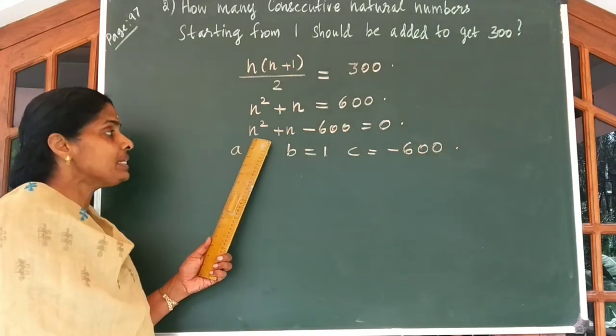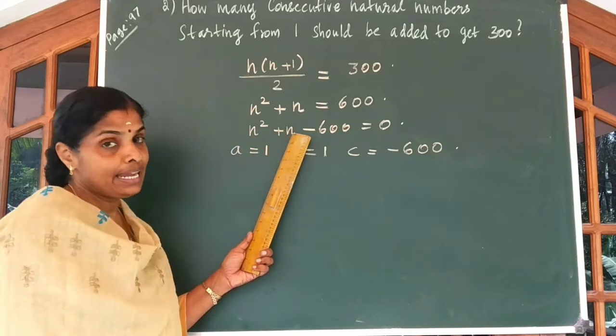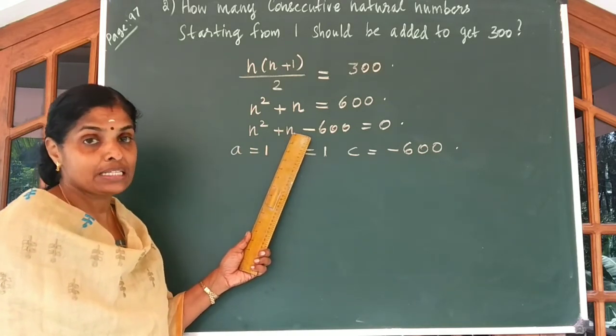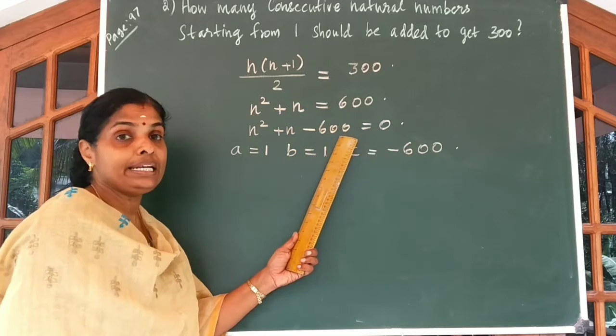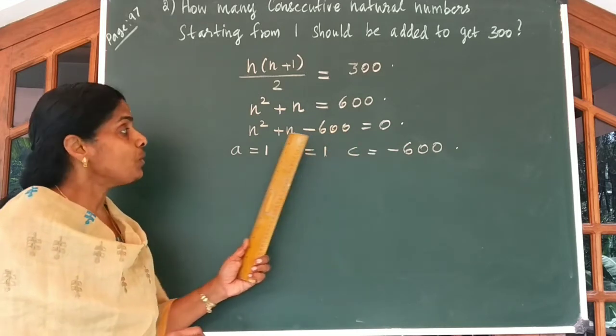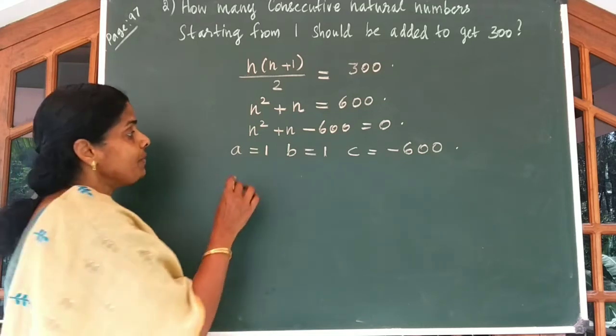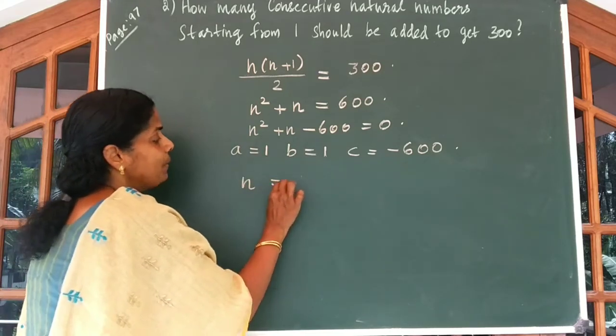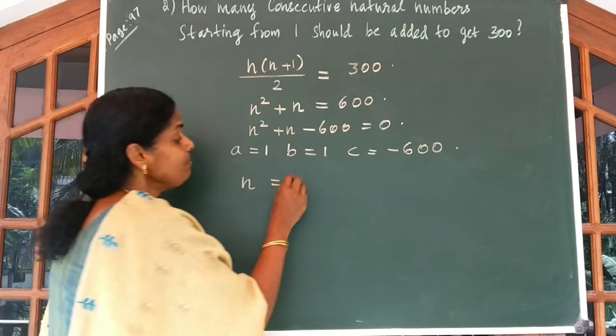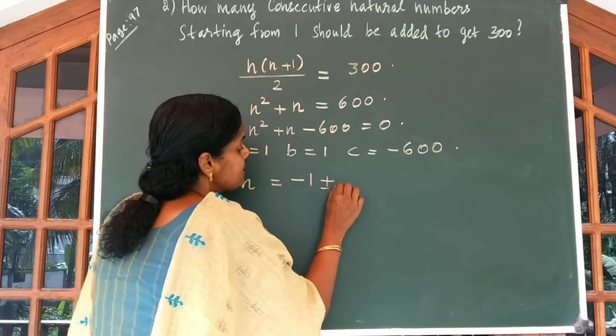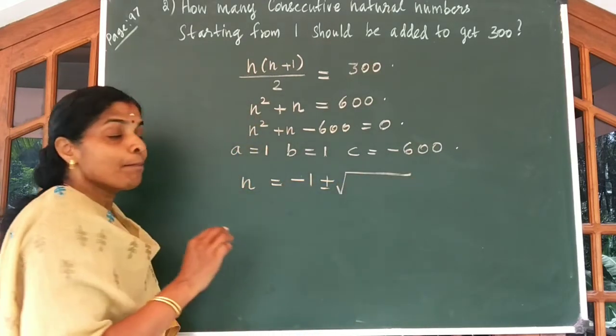This equation is of n square. Instead of x, we wrote this equation in terms of n. So we are going to find the value of n. So we can write n is equal to, use the formula, minus b plus or minus root of b square.